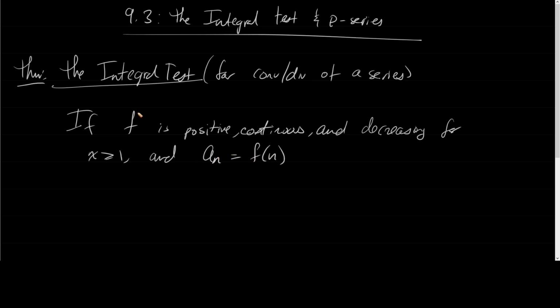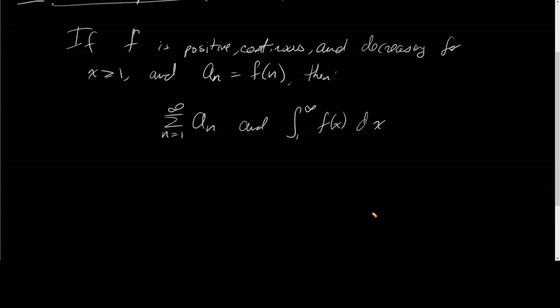So in other words, this function f of a real variable coincides with our sequence a sub n for all the natural numbers. Then the series of a sub n and the integral from 1 to infinity of f of x dx both converge or diverge.